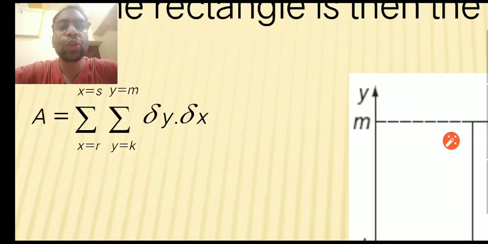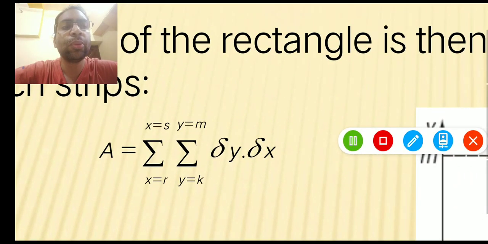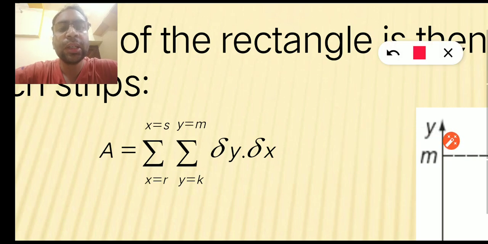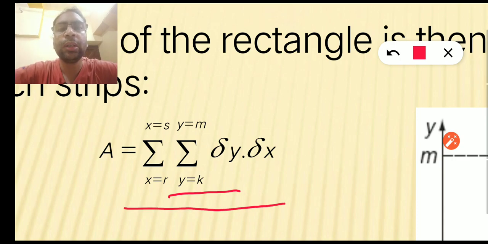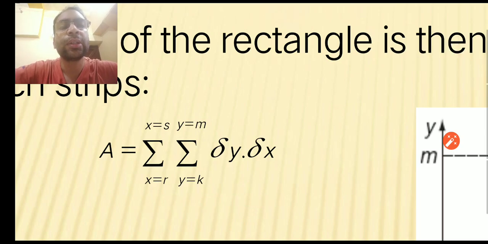The summation in both directions can also be written as the sum of all the values of del y from k to m, as we have two boundaries k and m in the y direction, and for x it has to be del x from r to s, because this is bounded by the two boundaries, x is equal to r and x is equal to s.